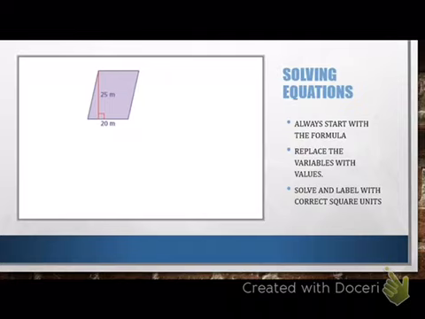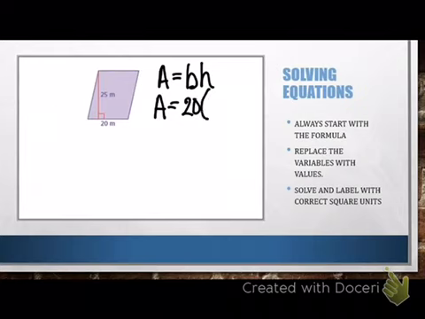So let's try it with this parallelogram. We already said that our formula is A equals B times H. So now I'm going to replace my variables with the values given. A equals, my base is 20 and my height is 25.